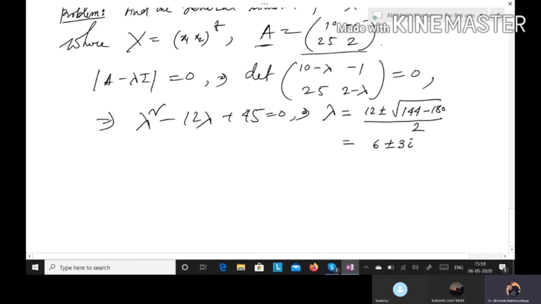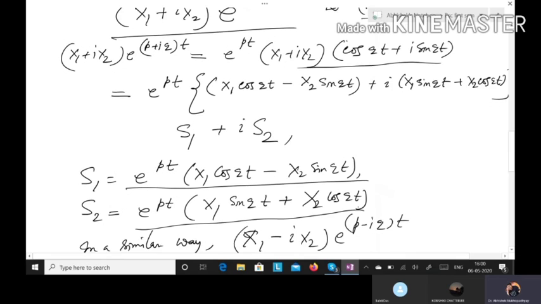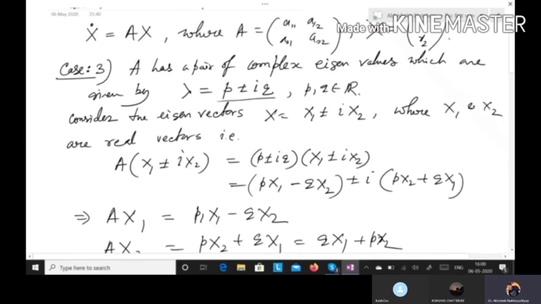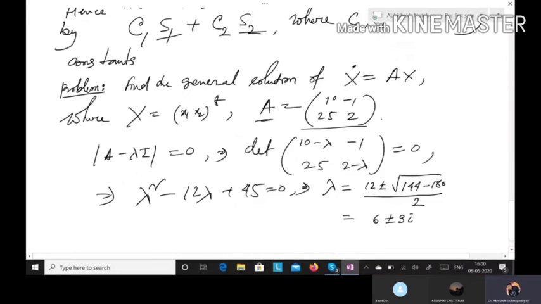Okay. So now if we look at the general discussion, the eigenvalues are of the form p plus iq, but here the eigenvalues are 6 plus minus 3i.